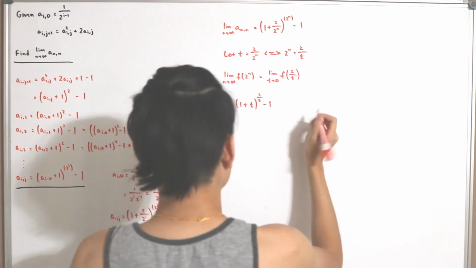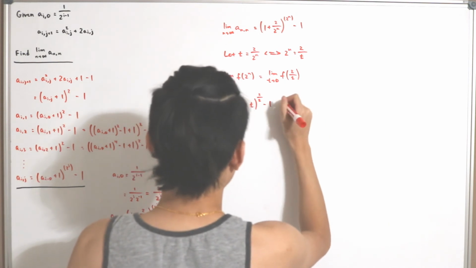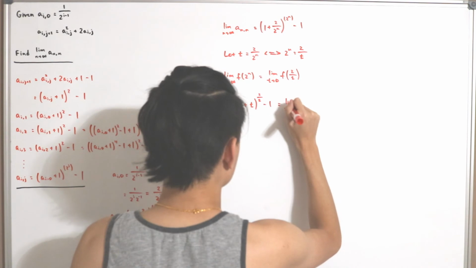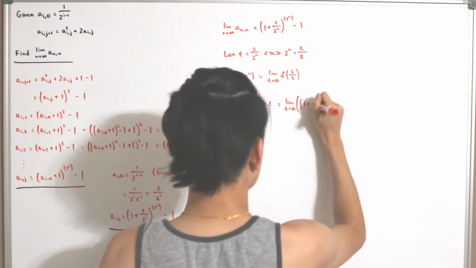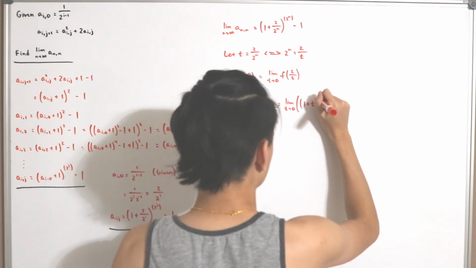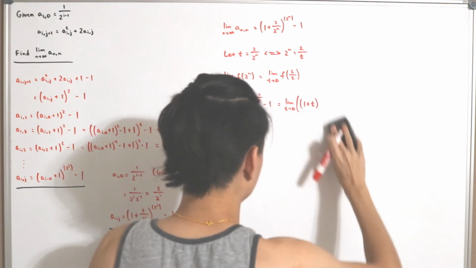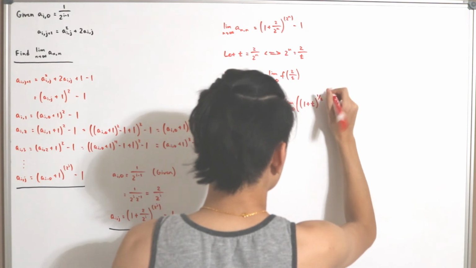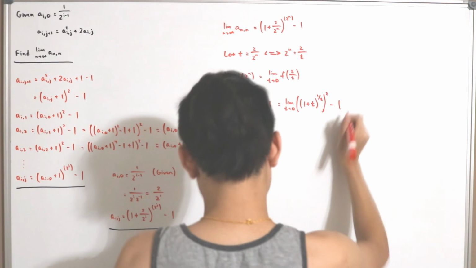Now I can factor out the 2 here, and we're going to get some new exponents. So the limit as t approaches 0 of 1 plus t raised to the 1 over t. You can't see that t, so let me write it like this, 1 plus t, then square, then minus 1.